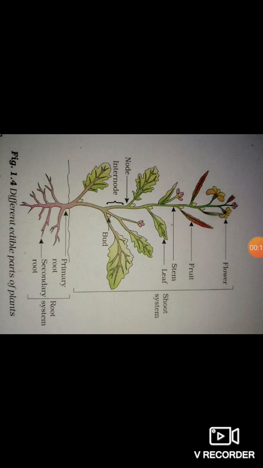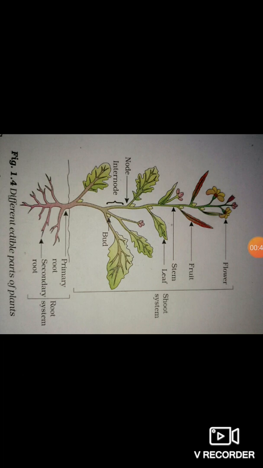In the previous topic I discussed ingredients of food and other food materials, the sources of food. And today I will discuss plant parts and animal products as food.